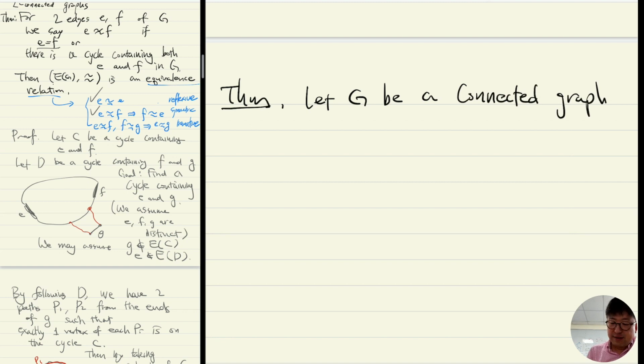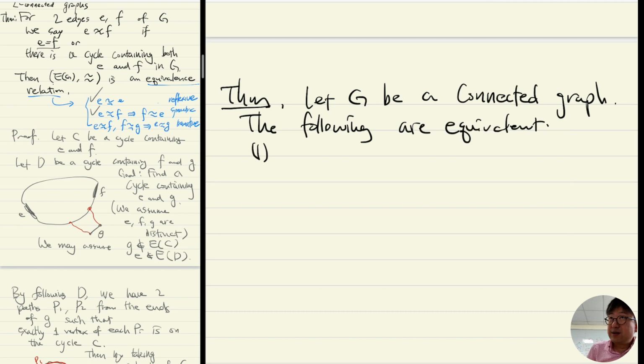We want to say that the following are equivalent. The first one is G has no cut vertex.